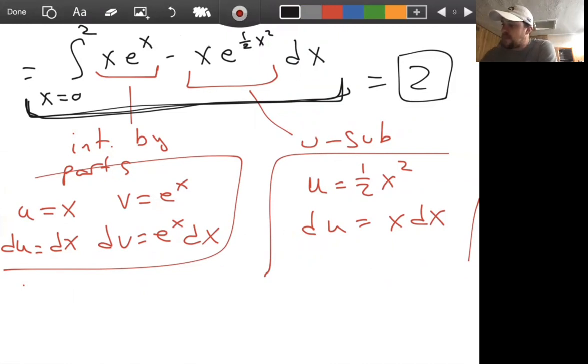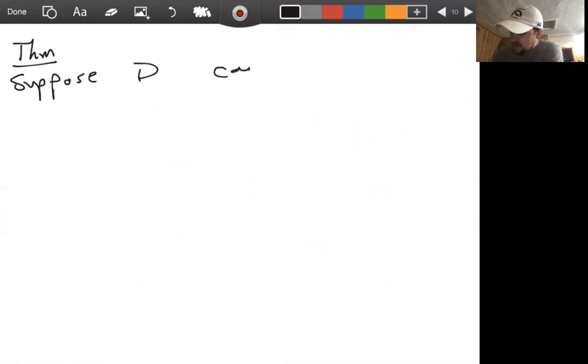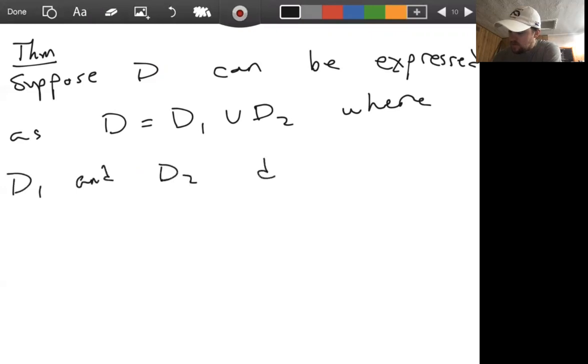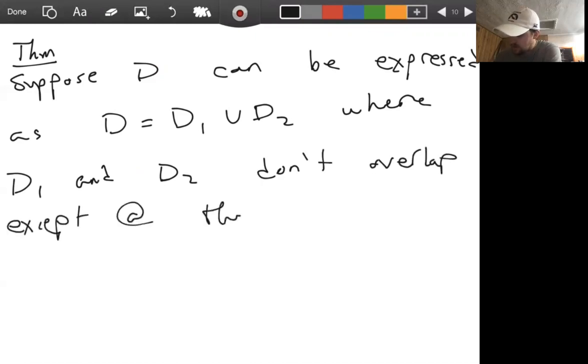So I would like to do, now I want to give a theorem here. So theorem, let's suppose D can be expressed as the union of two smaller regions where D1 and D2 don't overlap except at the boundary.